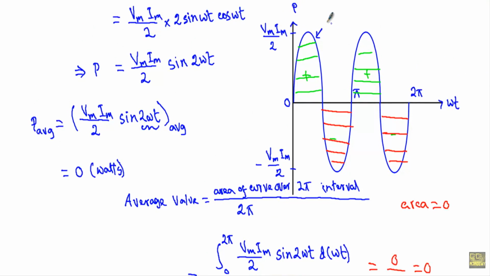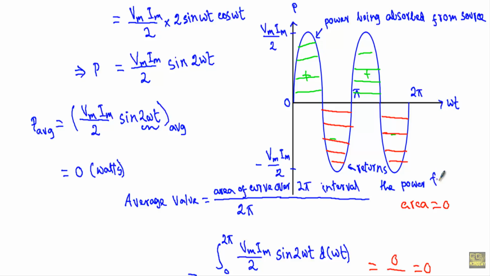During the positive half cycle, the power is being absorbed from the supply or source, and in the next half cycle, that means during the negative half cycle, the capacitor returns the power to the supply. This is how it does not absorb any power from the source.